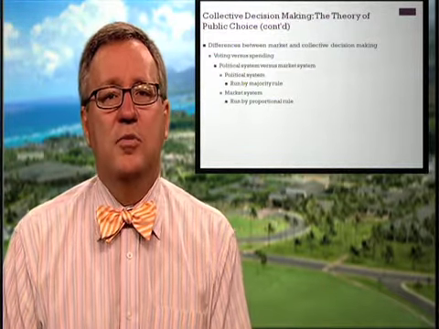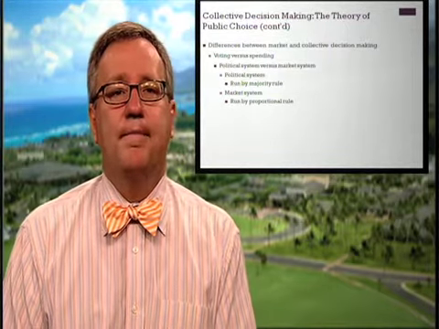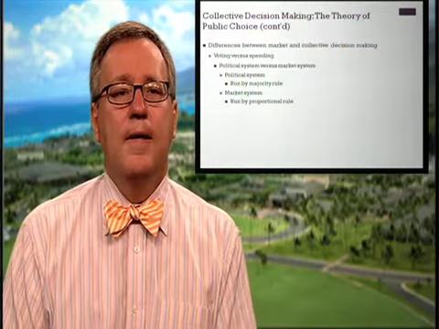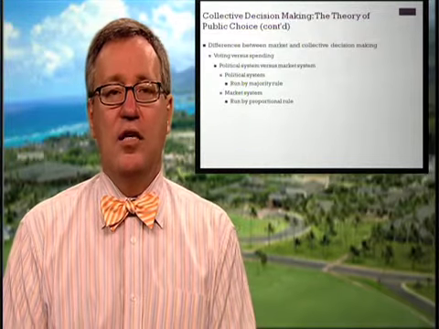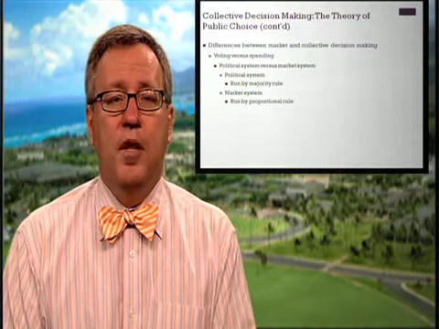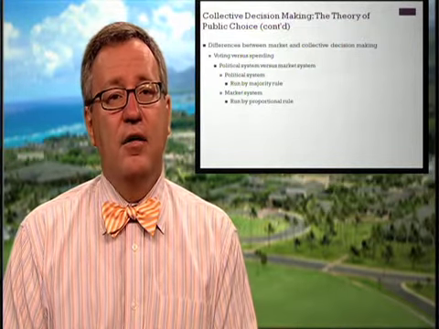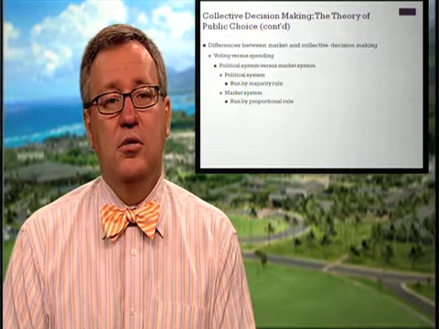There are additional differences between market and collective decision-making, voting versus spending, the political system versus the market system. We typically run by majority rule, which says 50% wins. If you've noticed in the U.S. political process over the last 20 years, we have a very, very close race on most major issues.